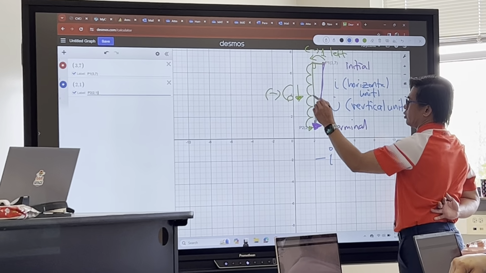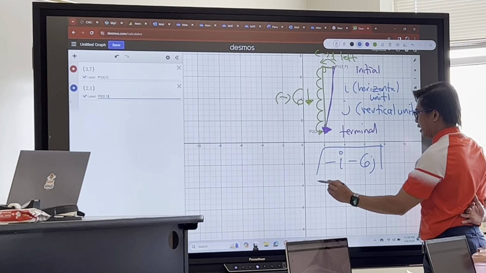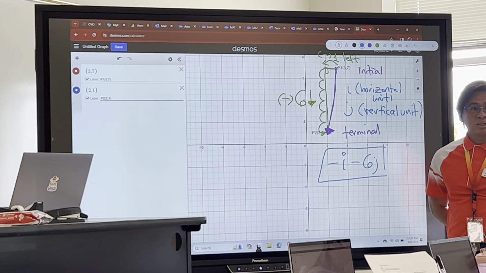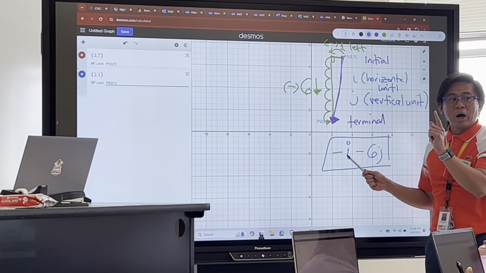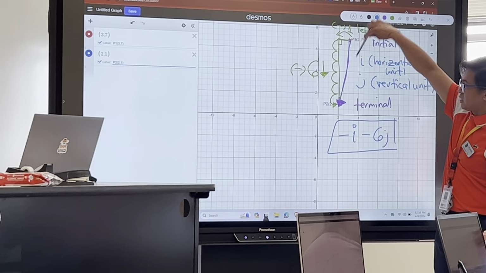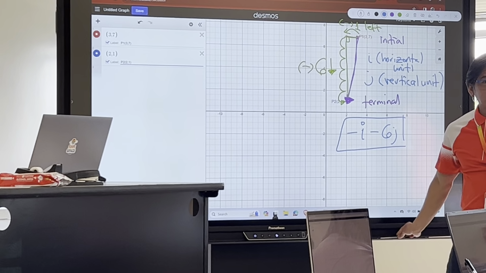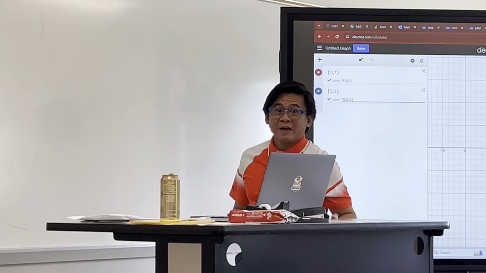As you may notice, it's 6. So this can also be written as -I minus 6J. In short, -I means 1 unit to the left, and -6J means 6 units down on its vertical component.